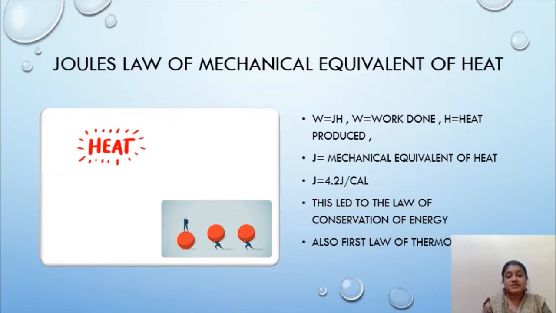So his famous equation is W equal to JH, where W is the amount of work done and H is the amount of heat produced, which says that work is proportional to heat and heat is proportional to work. Here the proportionality constant J is what is called the mechanical equivalent of heat, and the value of J is 4.2 joule per calorie.